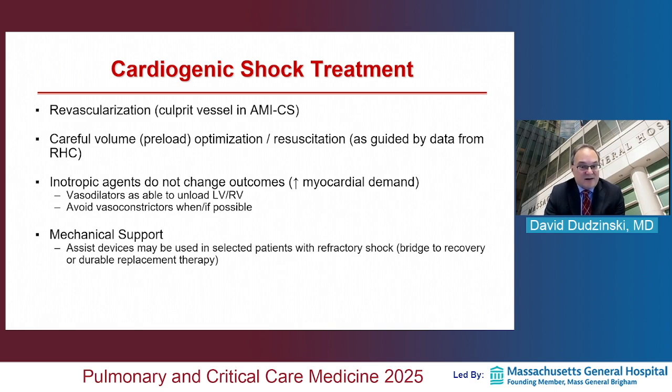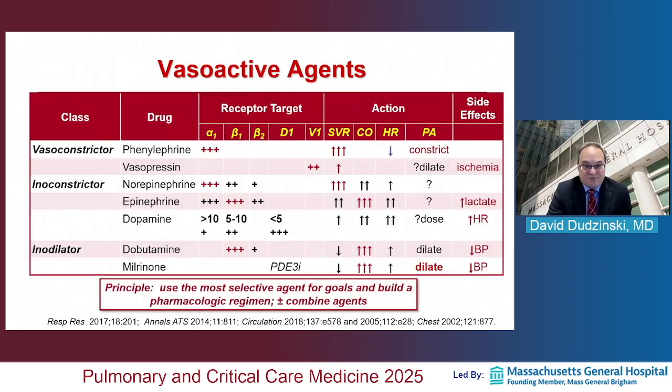Of course, they're going to come at a cost of increasing myocardial oxygen demand. We can also try to modulate SVR. In many cardiac conditions, we would like to reduce systemic vascular resistance and some pulmonary vascular resistance to help the ventricles eject. Unfortunately, due to systemic ambient hypotension, we can't do that. And then lastly, what we'll get to is mechanical support.